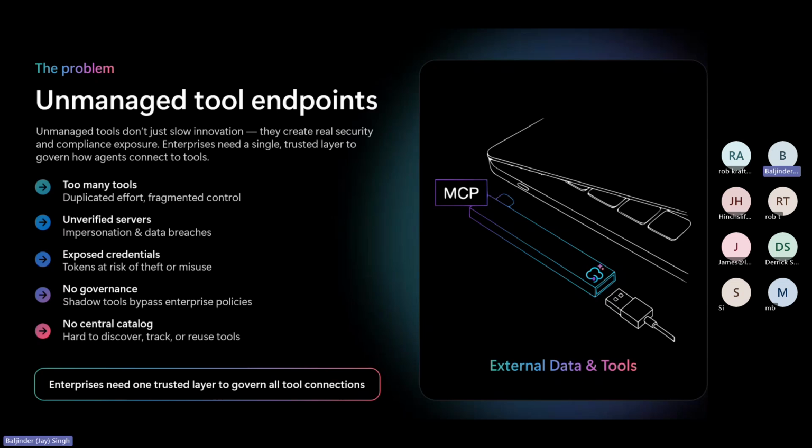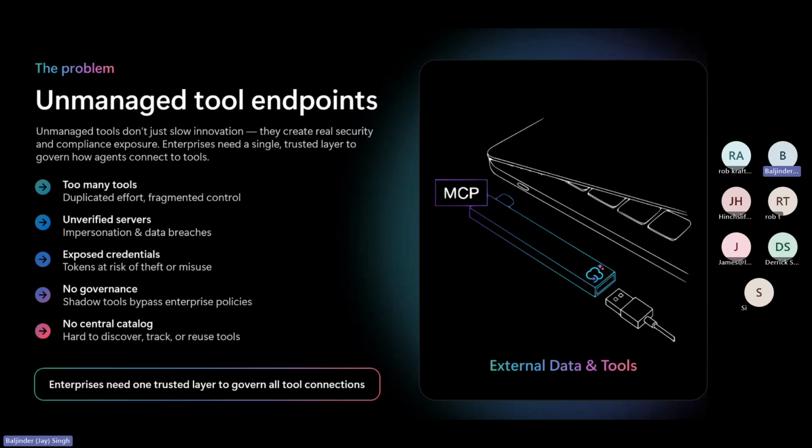So unmanaged tools, they don't just slow down the teams. They create real security challenges. They create compliance challenges and a lot of operational risk, especially when enterprises scale. There are multiple other challenges, as you see here in this slide. Teams are re-implementing same integrations over and over, leading to too many tools, often duplicate, or what we call the classic M by N integration problem.